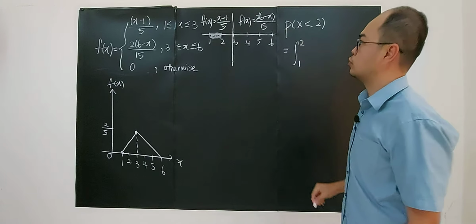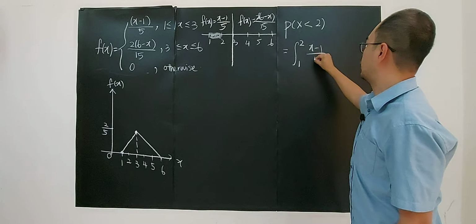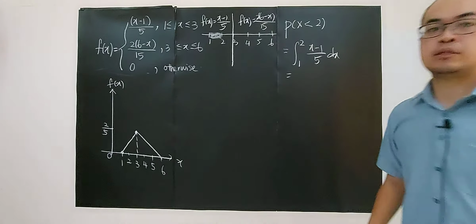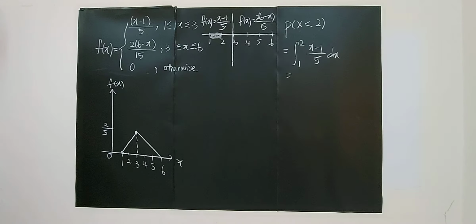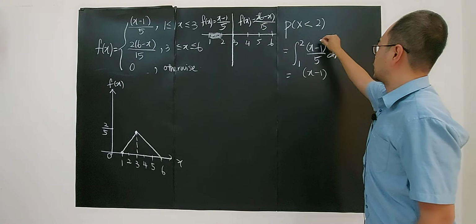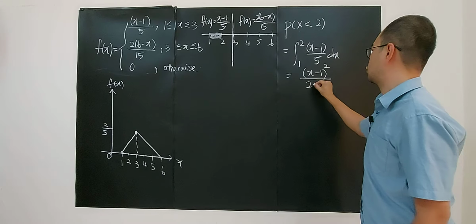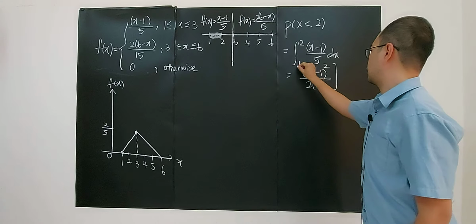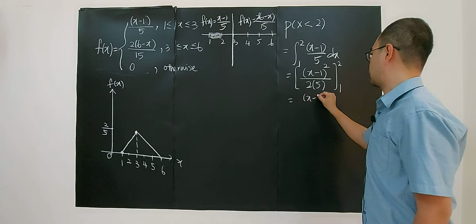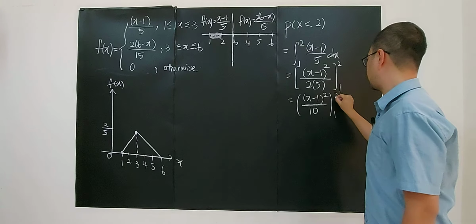Integrate from 1 up to 2 for this function, (x minus 1) over 5 dx. If you evaluate this, you will get the probability. How to do it? Very simple. Since x minus 1 is linear, just put a square: (x minus 1) to the power of 2 over 2 times 5, which is over 10, from 1 up to 2.